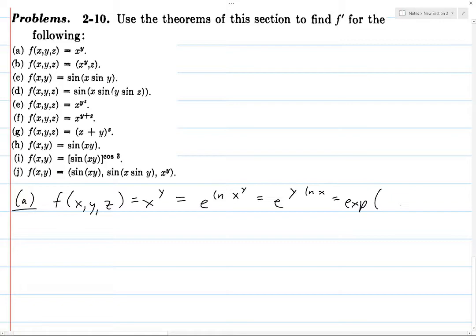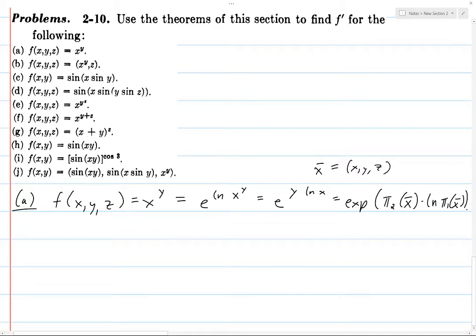So if you're inputting a vector and you want to end up with y, then I'll write this as pi 2 of x bar, times natural log of pi 1 of x bar. So here, x bar is going to be equal to x, y, and z.